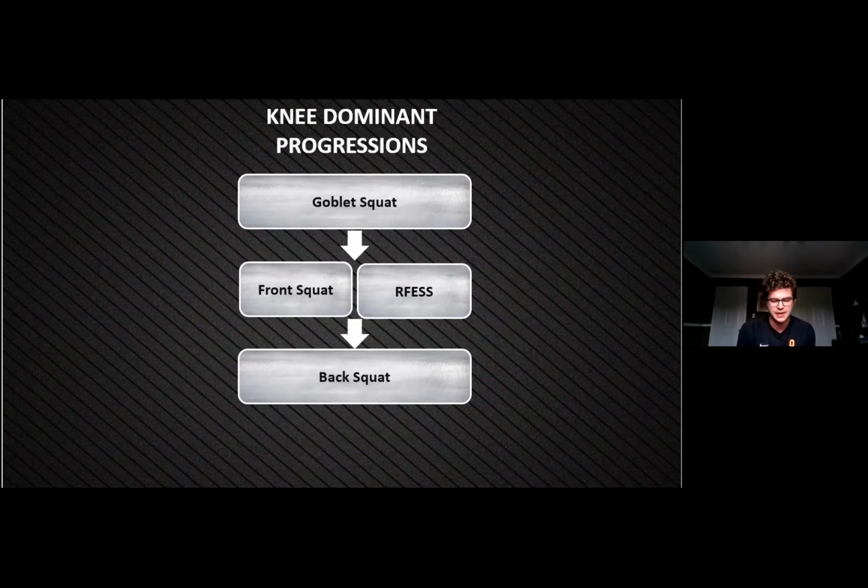When they're ready and can perform the movement properly, we can progress them onto the next exercise down the progression. Or if they have a deficit, we can regress them and work on those inabilities and poor movement patterns on a safer exercise, and then go forward.